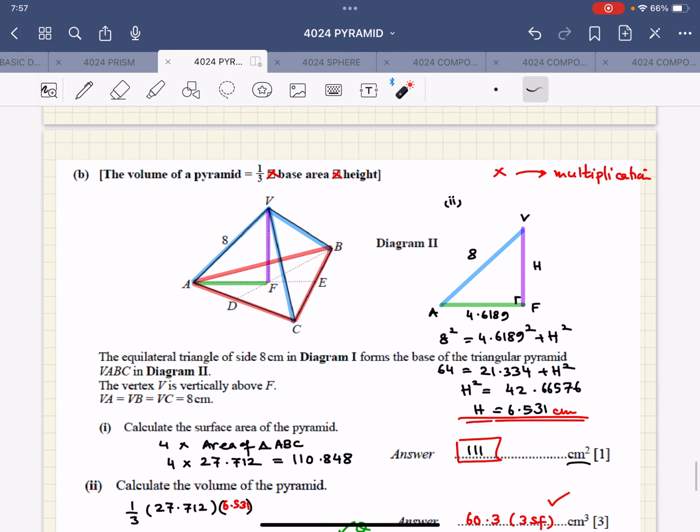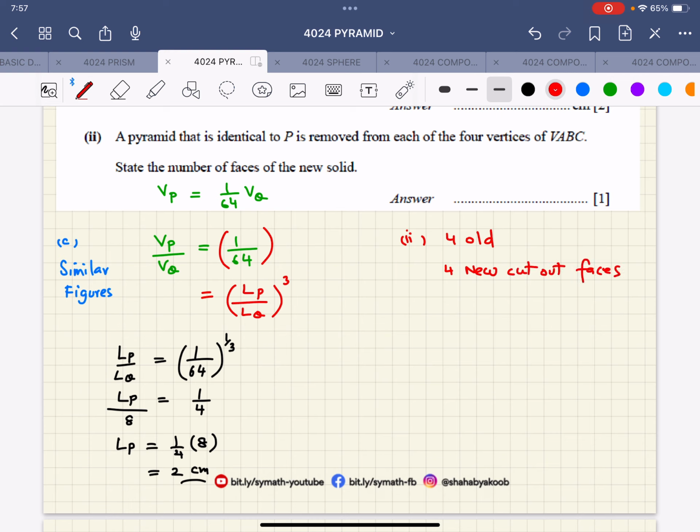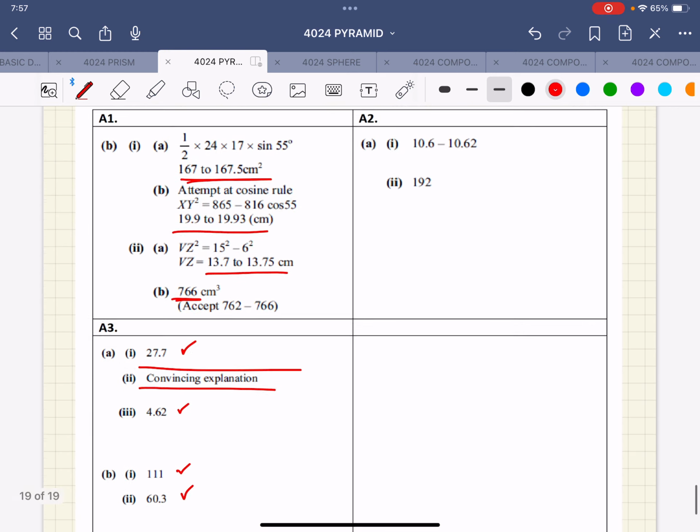When we remove a pyramid from a corner, there are already 4 faces, and we are creating a new face at each cut. So there were 4 old faces, 4 new cut out faces, not phases. That adds up to 8 faces for the new solid.